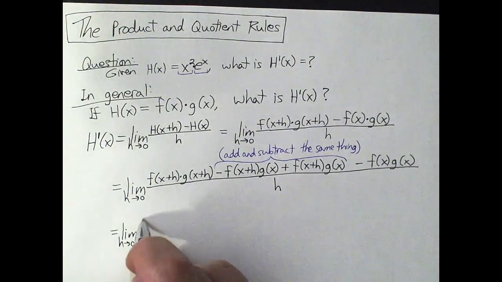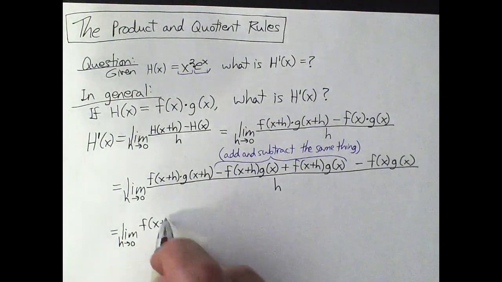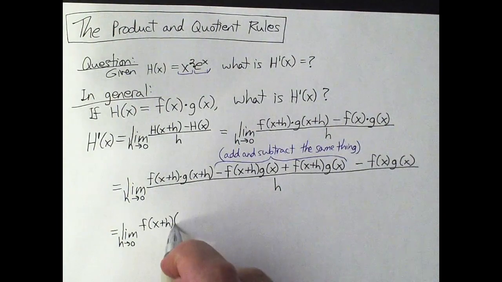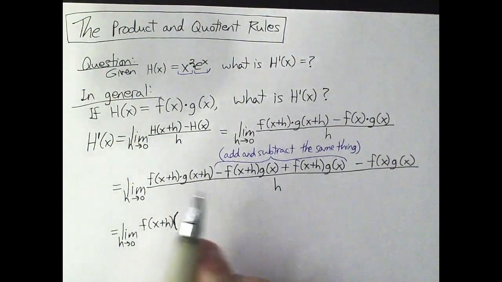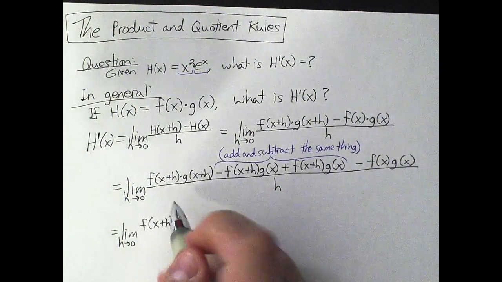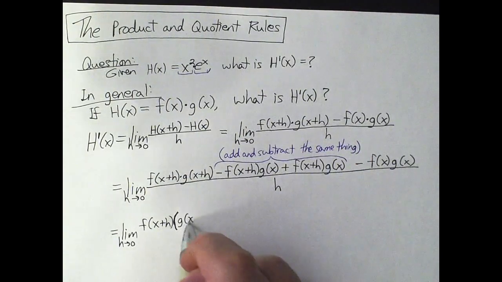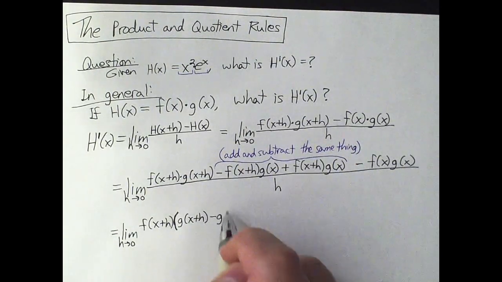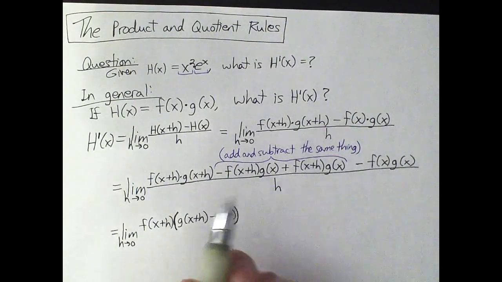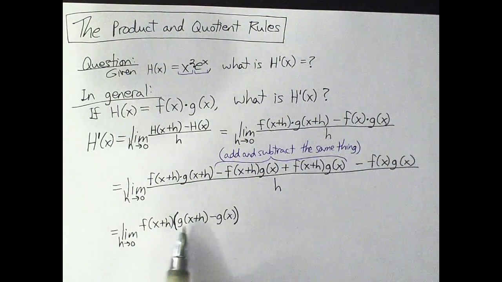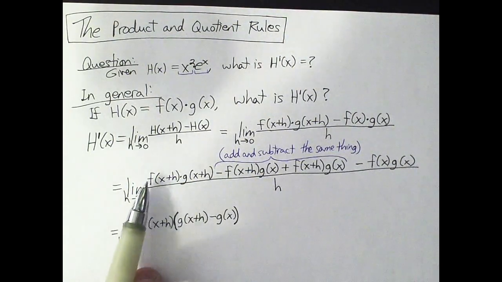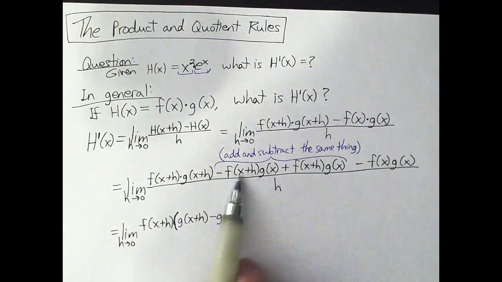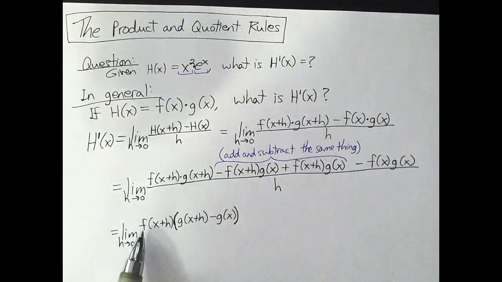So what I'm going to do is I'm going to have f of x plus h, big parentheses, and I'm going to pull the g of x plus h and the minus g of x. Close those big parentheses. So I'm not done yet with the numerator, but I have this first term and this second term where I've factored out f of x plus h.